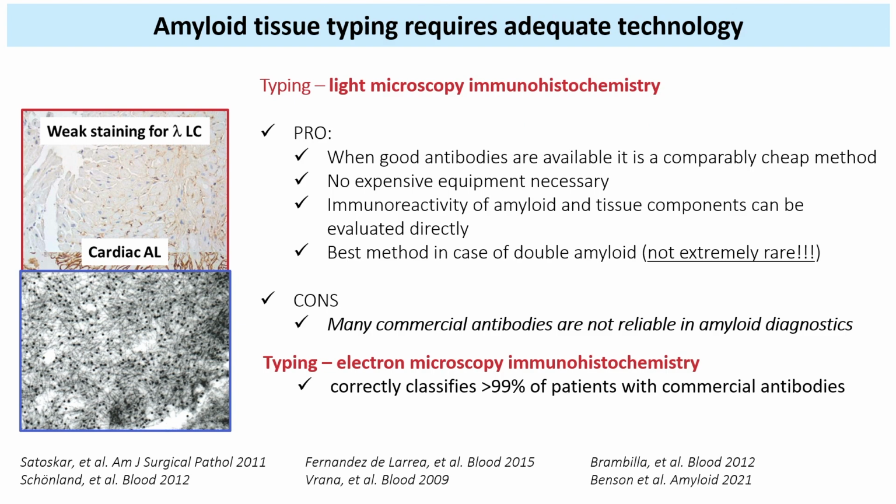The con related to the use of both techniques is that we may consider only a few types of amyloidosis, those for which we have specific antibodies. But obviously, antibodies are not available for all types of amyloidosis. And so, next please.